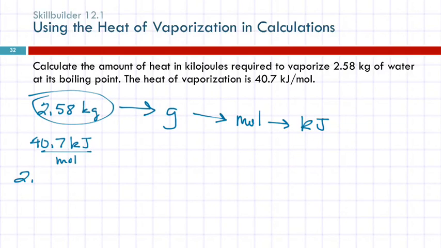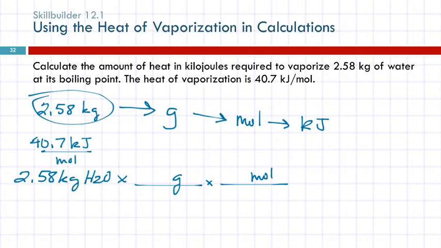So we've got 2.58 kilograms of water, and we're going to convert that to grams of water, and then to moles of water, and then to kilojoules. So we put the previous unit in the denominator.